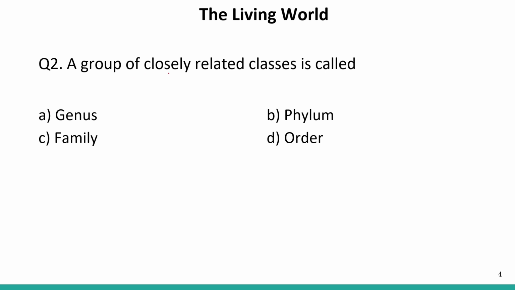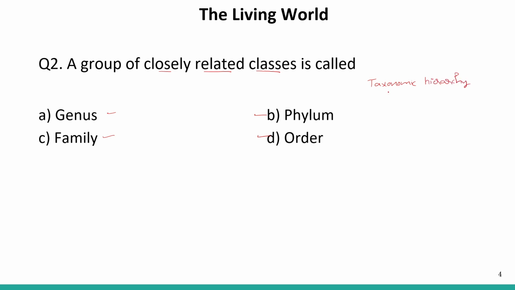Next question is a group of closely related classes is called, options are genus, phylum, family and order. So now let's talk about the taxonomic hierarchy.